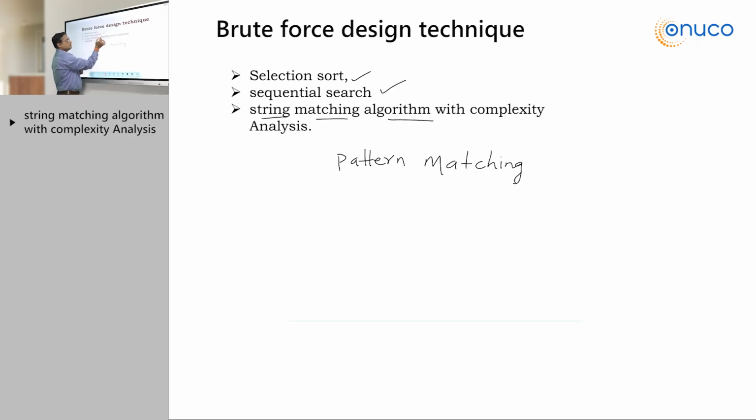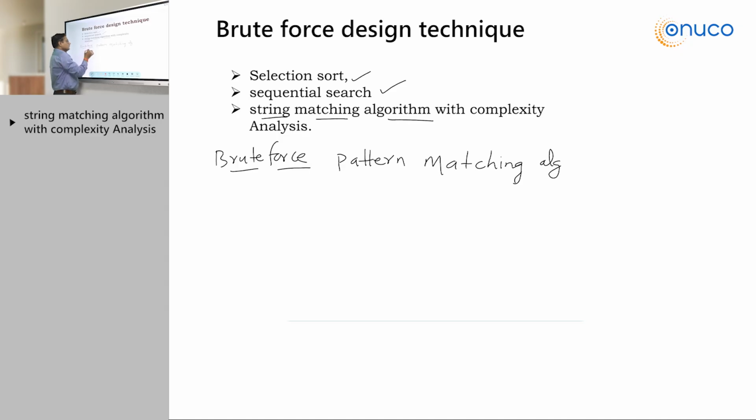So basically this algorithm technique is also called brute force pattern matching technique. This string matching algorithm is also called brute force pattern matching algorithm, right? Because you are applying a direct, straightforward brute force approach.